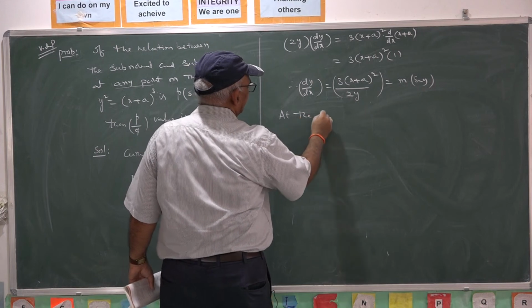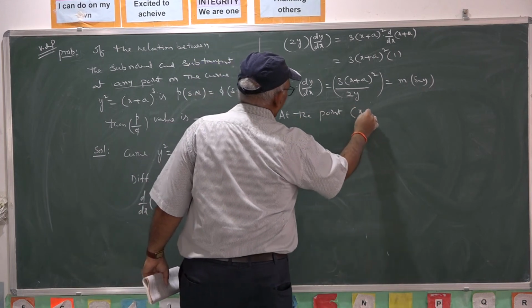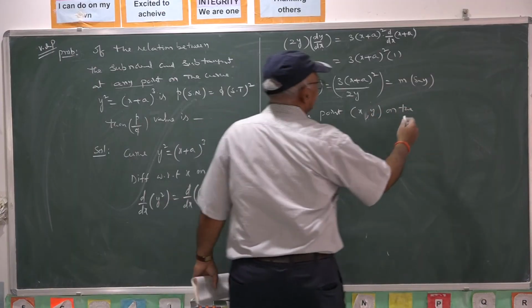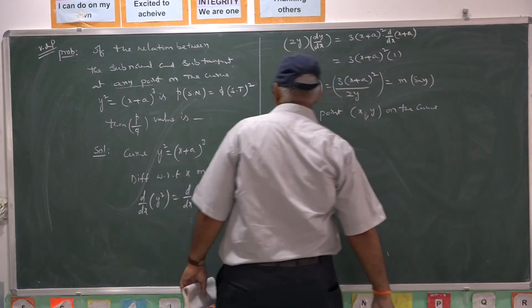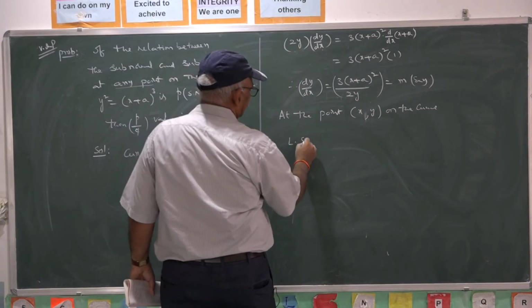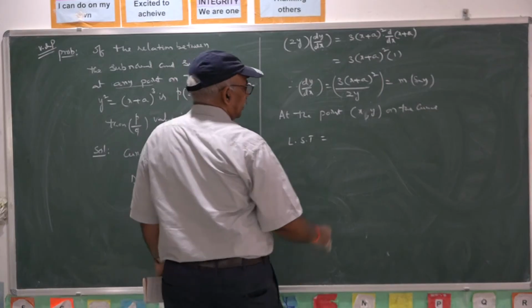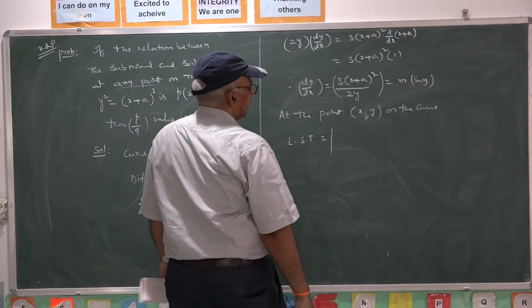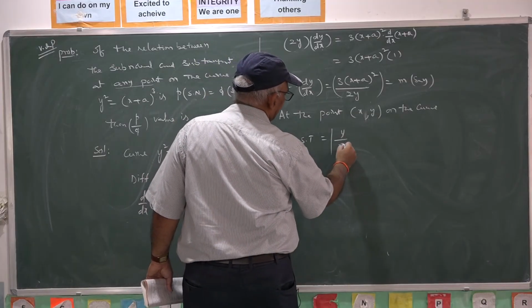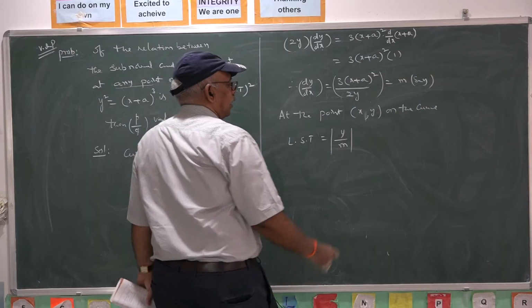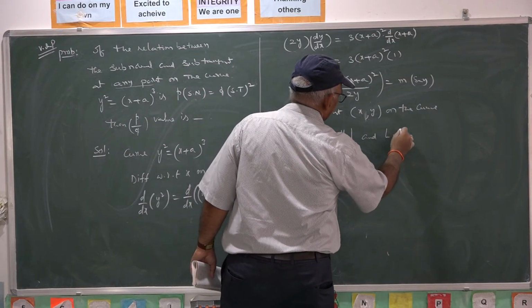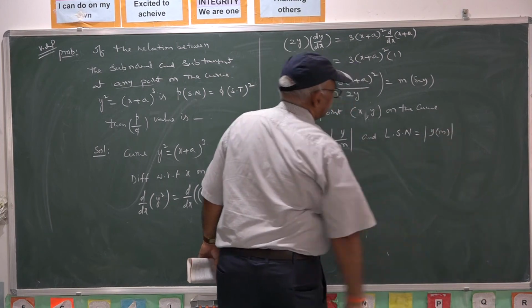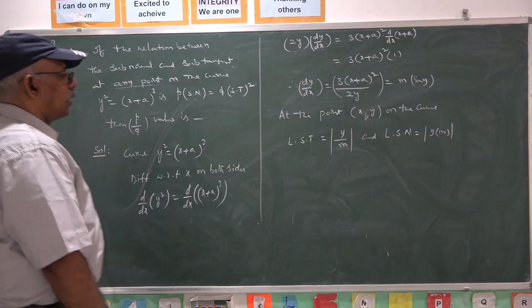At the point x comma y on the curve, length of subtangent equal to y by m, since the y coordinate is y itself, and the length of subnormal is modulus of y into m. Now P by Q.